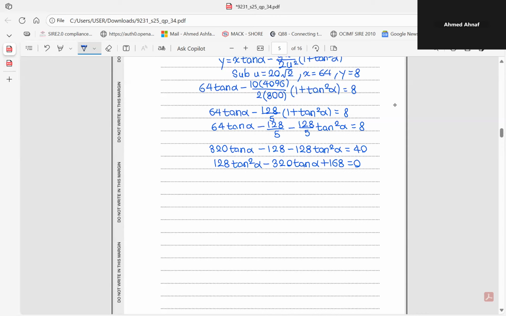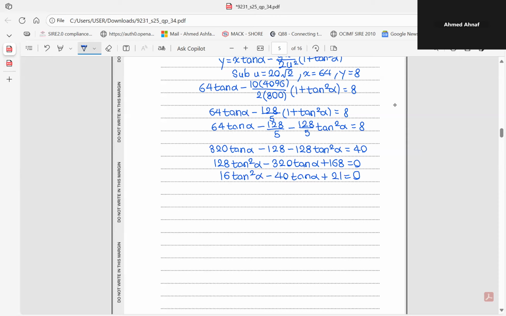Now we're going to simplify everything. Let's see if we can divide everything by 16. Okay, we can only divide everything by 8. So you get 16 tangent squared alpha minus 40 tangent alpha plus 168 divided by 8, plus 21, equals 0.